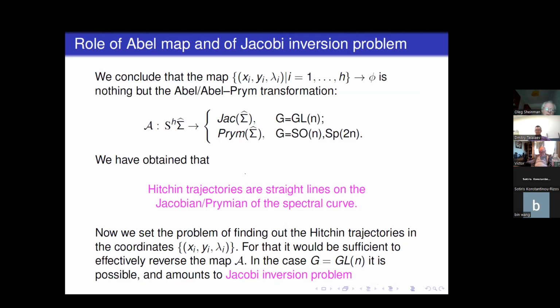For this reason, we would like to find the Hitchin trajectories in the original coordinates x, y, lambda. For that, we need to reverse the Abel or Abel-Prym map. In the case of GLN, it is possible and amounts to the Jacobi inversion problem.